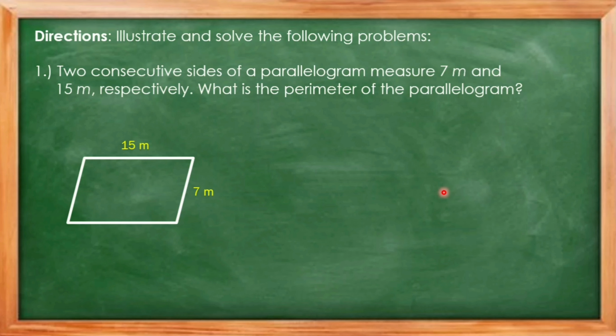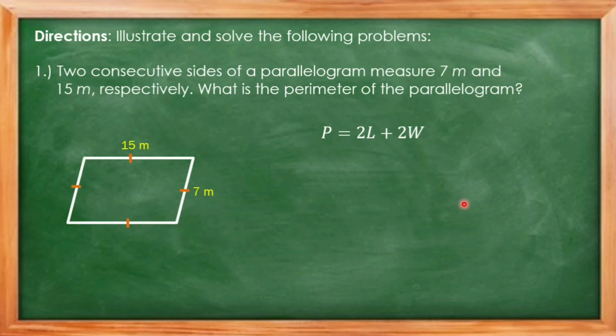And to get the perimeter of the parallelogram, we have to get the product of two and the length plus the product of two and the width. Okay, so because we have here two lengths and two widths. Okay, so now, isa-substitute lang natin ang mga given na ito dito sa formula ng perimeter.